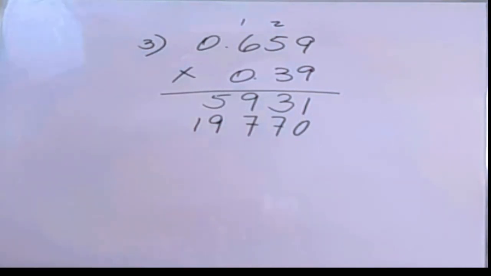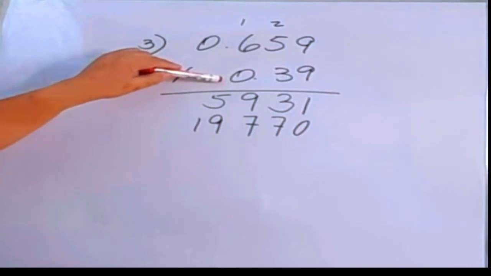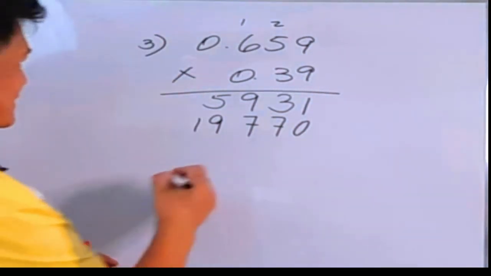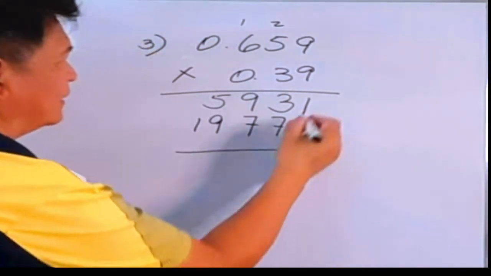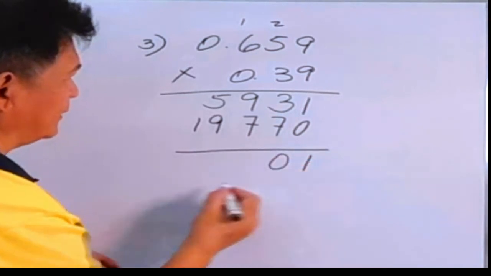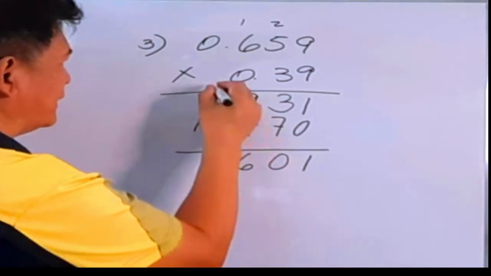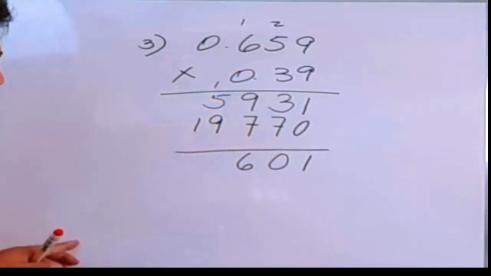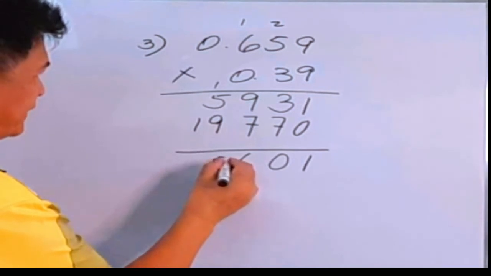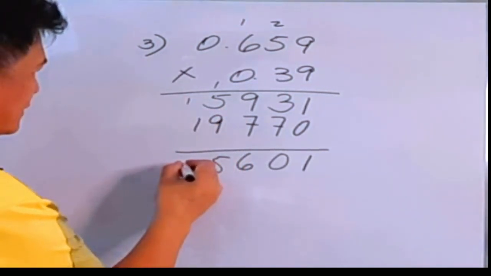There is no need to multiply 0 with the rest of the numbers because any number multiplied by 0 is 0. So we just add. 1 plus 0 is 1. 3 plus 7 is 10, write 0. 9 plus 7 is 16. Carry 1. 1 plus 5 is 6. Plus 9 is 15. Carry 1. 1 plus 1 is 2.